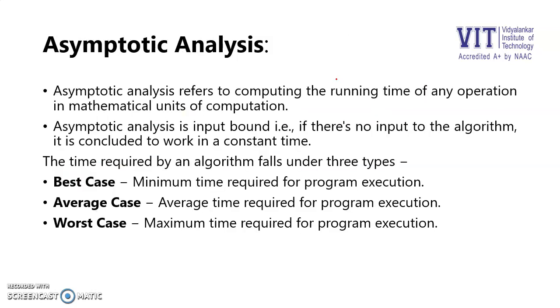Now, to start with this topic, the first thing that we'll be talking about is asymptotic analysis. Now, what is asymptotic analysis? In your semester 4, you studied techniques to find the time complexity of an algorithm. Now, time complexity of an algorithm is basically the running time of the algorithm, and this running time was computed in terms of order of growth.